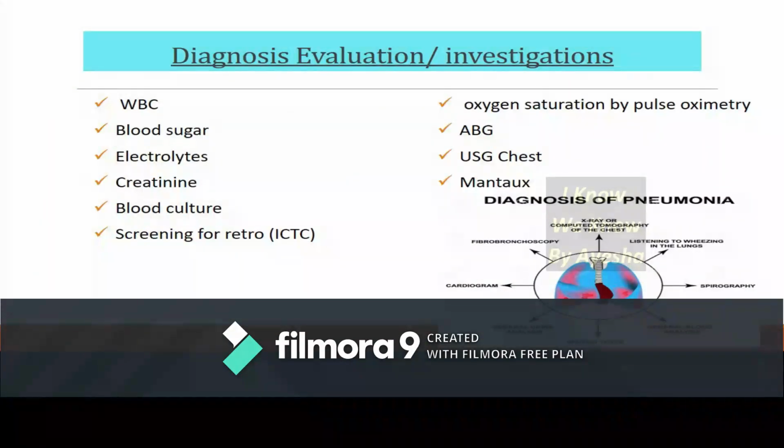Also the diagnostic evaluations can be done, such as WBC count, blood sugars, electrolytes, creatinine, blood culture, screening for retro, oxygen saturation by pulse oximetry, ABG, ultrasound of chest, Mantoux test.